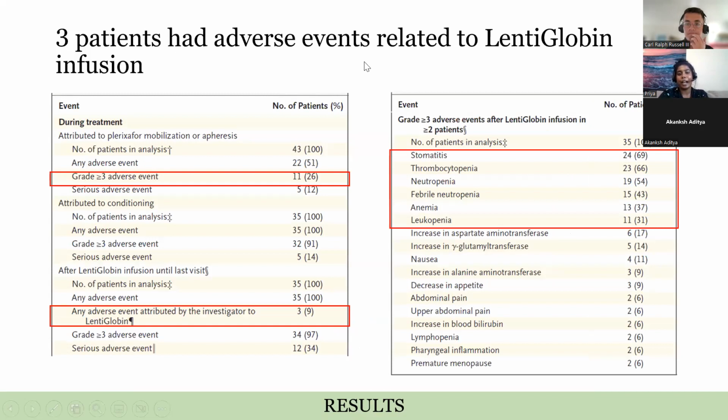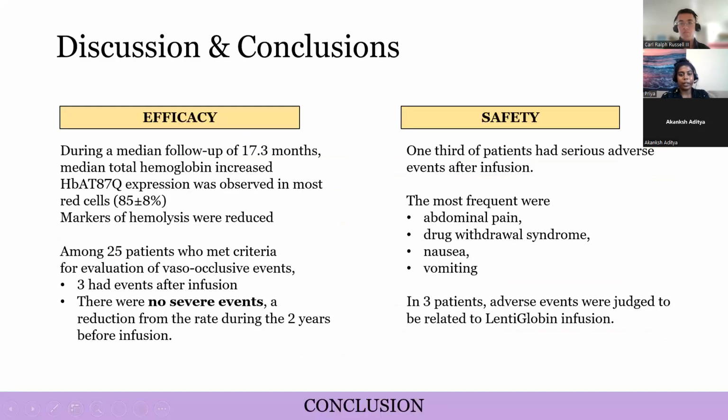3 patients did have some adverse events related to this LentiGlobin infusion, right? And they tracked for all that, and I'll talk a little bit more about that as well. So in conclusion, they expressed this anti-sickling globin in 35 patients, and they saw that it was effective. They were able to see this anti-sickling expression observed in most of the red cells, around 85% of cells.